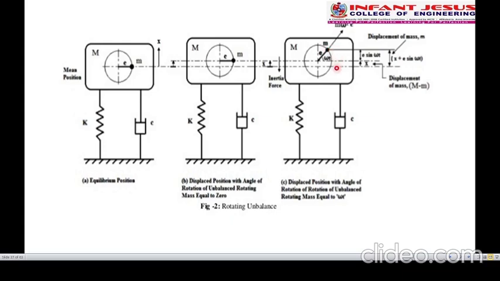This is the mean position, the initial position. From here it is up to this distance now. So this distance is to be calculated. This is x plus, and this vertical component is e sin omega t. So x plus e sin omega t is the displacement of the mass.